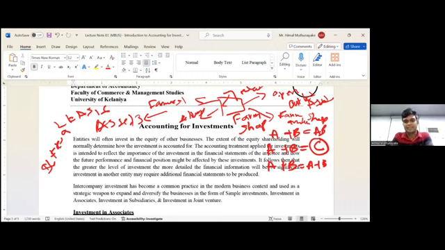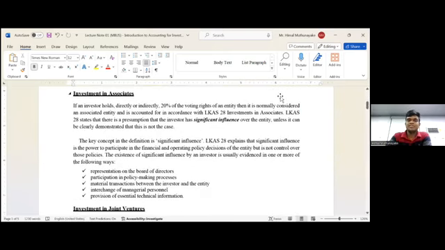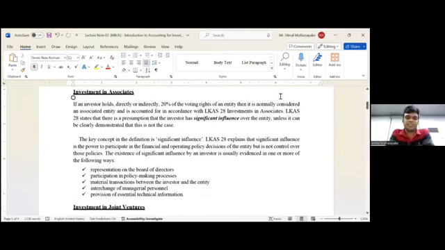So when it comes to accounting for investments, we can do different types of investment. The first one is investment in associate. So what do you mean by the associate?